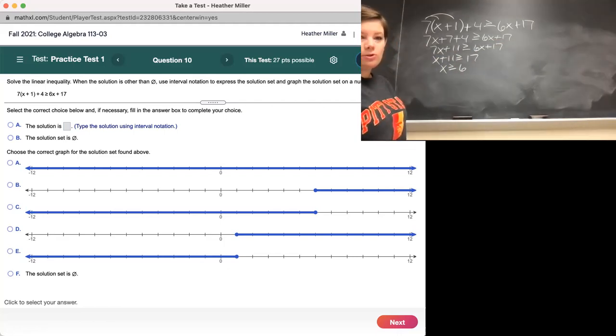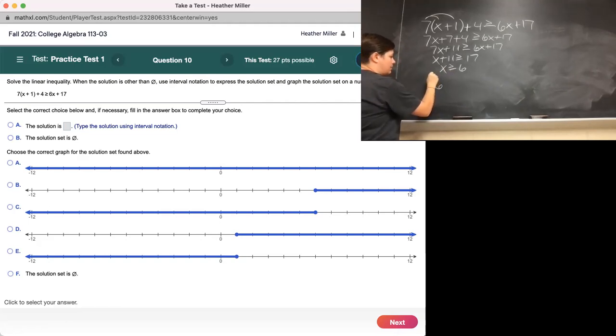Now that's the set builder way of putting it, and it said it wants the solution in interval notation. Interval notation is where we say, okay, well, how small can this number be? Well, it says x is greater than or equal to 6. So the smallest it can be is 6. And it says equal to, so that means we're going to use a bracket because it could be 6 as well.